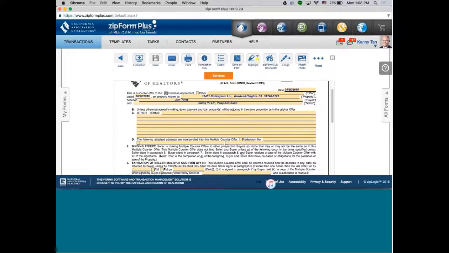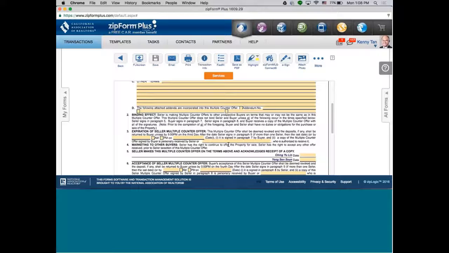Okay. Now, this is the important language that says seller is making multiple counteroffers to other prospective buyers on terms that may or may not be the same as in this multiple counteroffer. This multiple counteroffer does not bind seller and buyer unless all of the following occur in the time specified below.